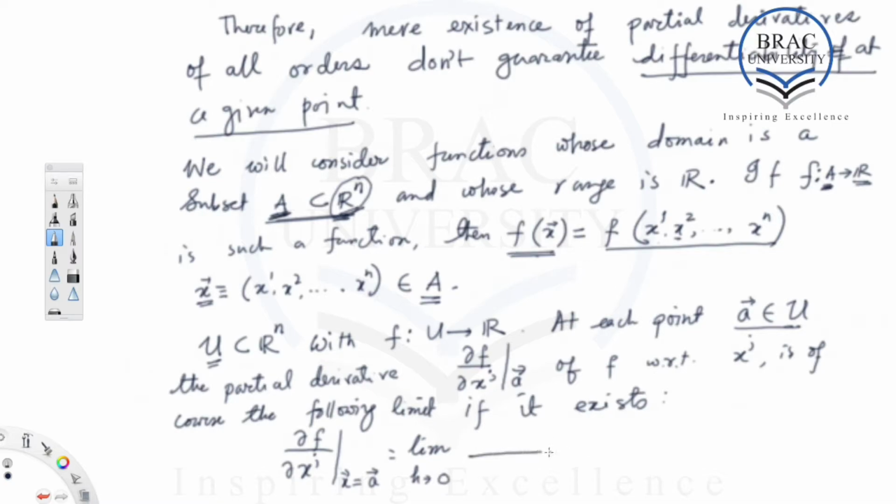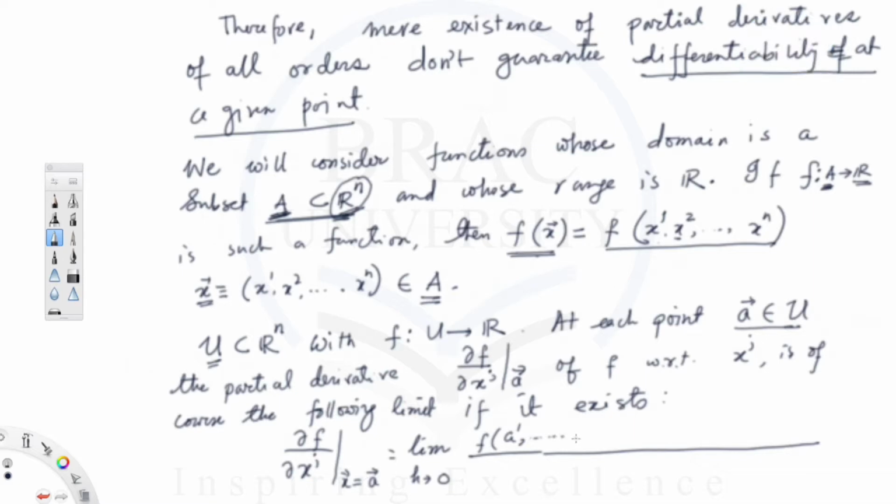And what is the rational expression? f of a1, a2, then aj plus h, and all other coordinates stay the same, minus f of a1, ..., aj, and so on.